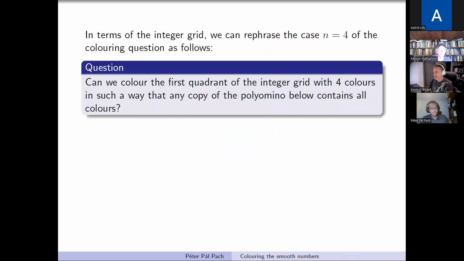The property that the coloring is 4-satisfactory states that each translate of this polyomino contains 4 entries with different colors. So 1, 2, 4, and 3, for instance, and in the translates A, 2A, 4A, and 3A right there.